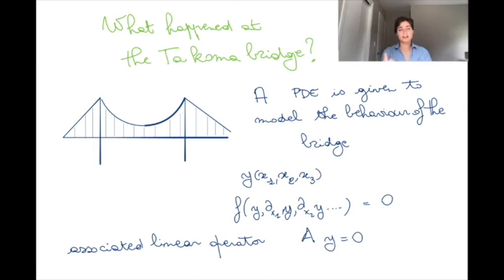And then we can associate a linear operator to the PDE we just wrote. So we can create this linear operator A, and to be sure that our bridge is going to be standing, we can solve the problem Ay = x = 0. But then the wind came and actually added a forcing term to our homogeneous PDE.